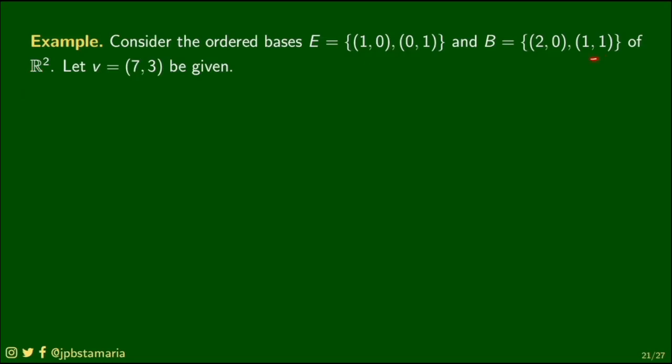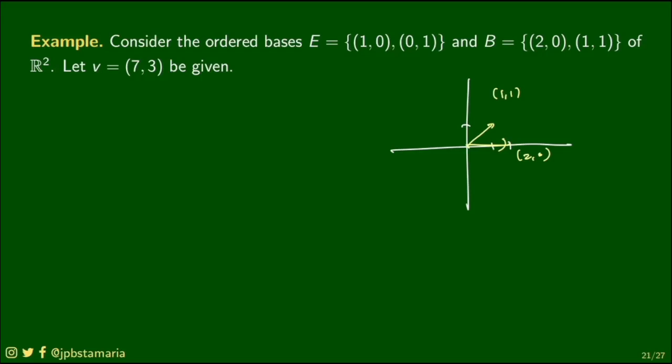Take note that (1, 1) does not lie in the span of (2, 0). When you look at them as vectors, this is the vector (2, 0) and the vector (1, 1) is right here. One is not parallel to the other, or they don't fall on the same straight line, so they are independent.